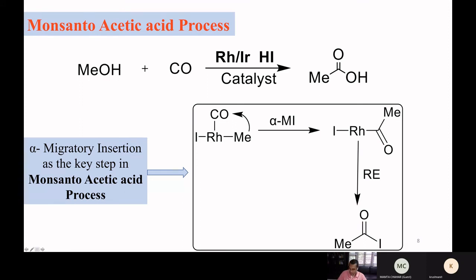So all these processes will be assisted by the ligand. These are also ligands, iodide, acyl, these are also ligands, but these are the reactive part of the ligand component. These are not the ones which will stay with rhodium all the time. These ligands could be, let's say, phosphine type, let's say triphenylphosphine type of ligand. There are many different types of ligand possible.